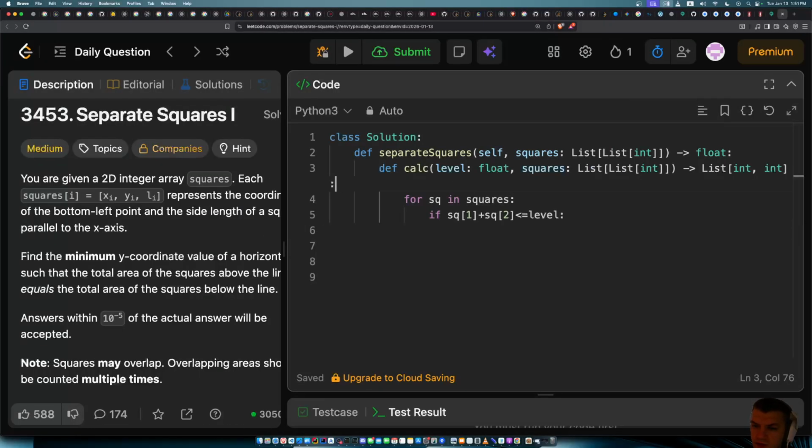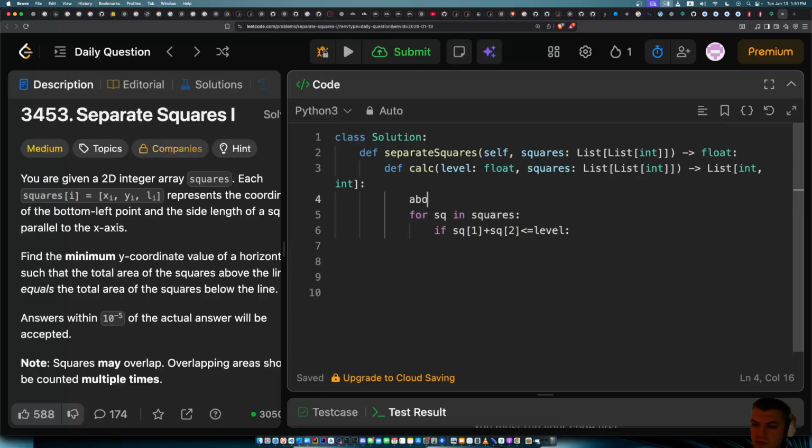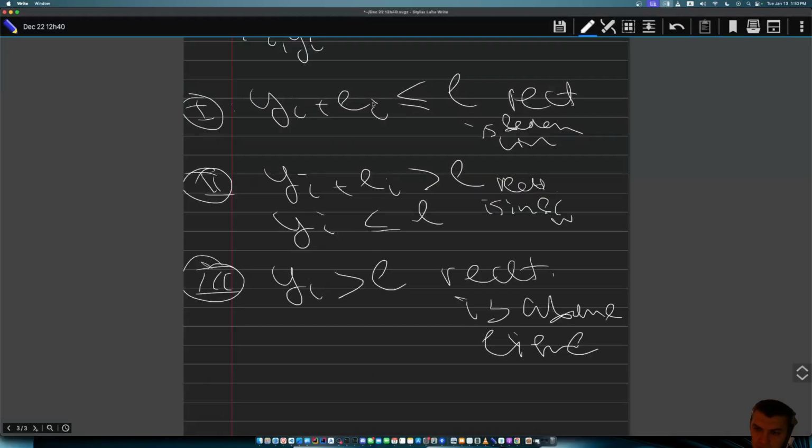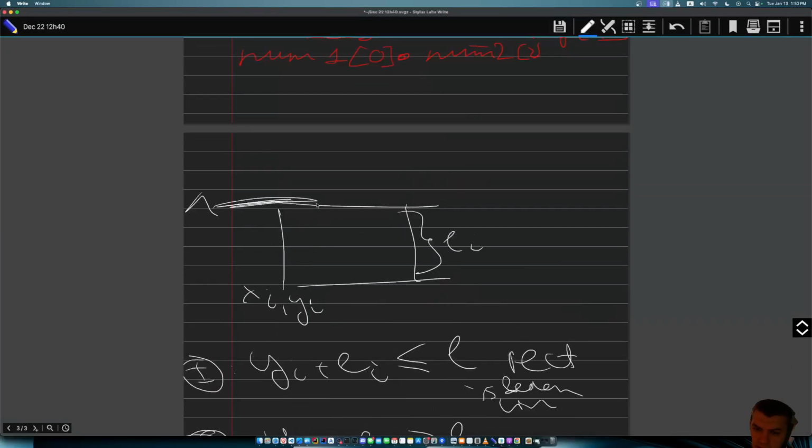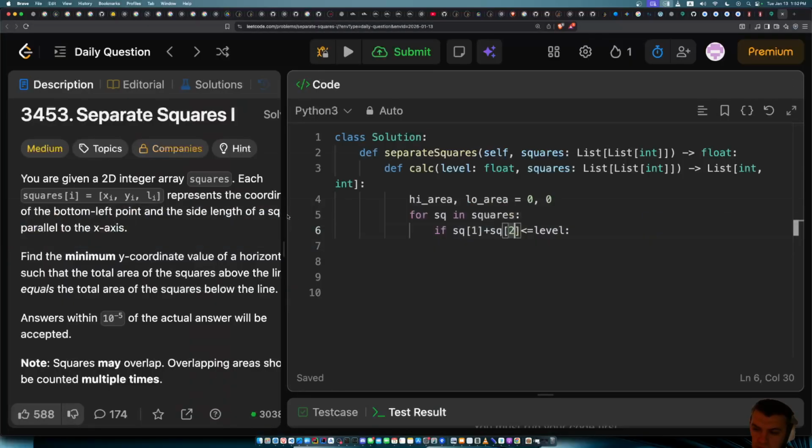So I'll have this above, let's say high area and low area equal 0 initially, and then if the square y plus length of the square is less than level, then I should update low area plus equal square 0 multiplied by square 2.